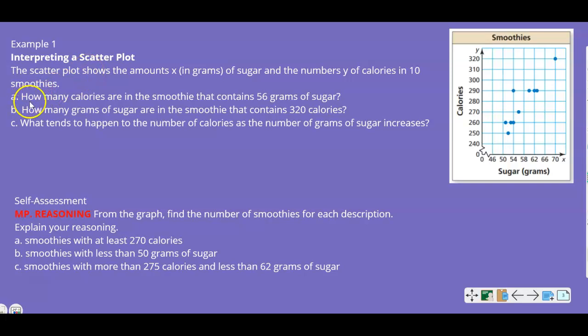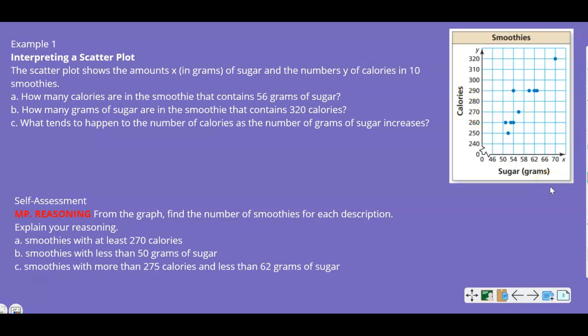All right, A part says, how many calories are in the smoothie that contains 56 grams of sugar? Sugar's across the bottom, so you can use your pencil to trace, and it says 56 grams. Here's 54 and 58, so we know that 56 would be in the middle. If you trace that line up, you're going to see there's one point here, and it is 270 calories.